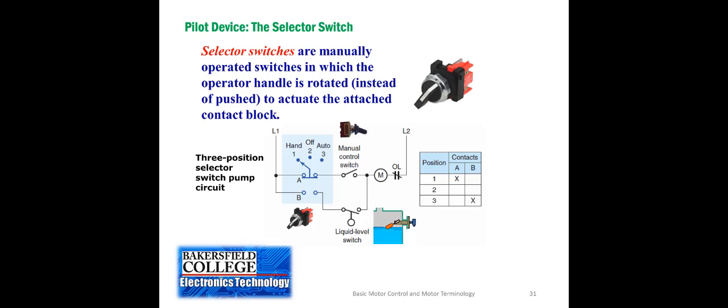Now, these are very important when you're trying to figure out how a circuit works electrically. You can figure it out probably by looking at the diagram, but having that table explaining it to you is pretty helpful as well.